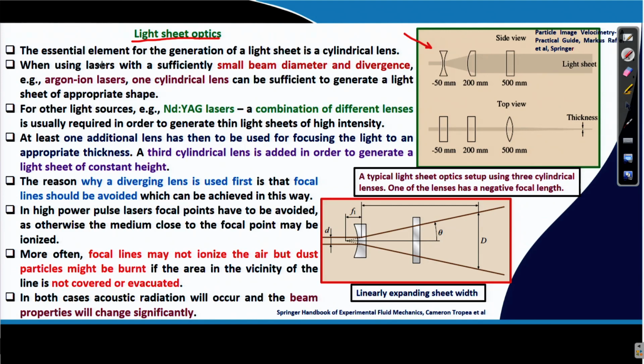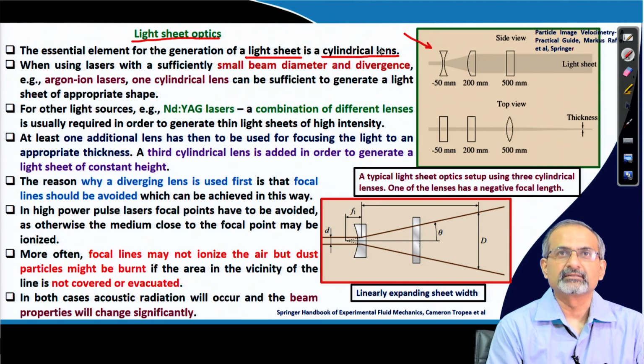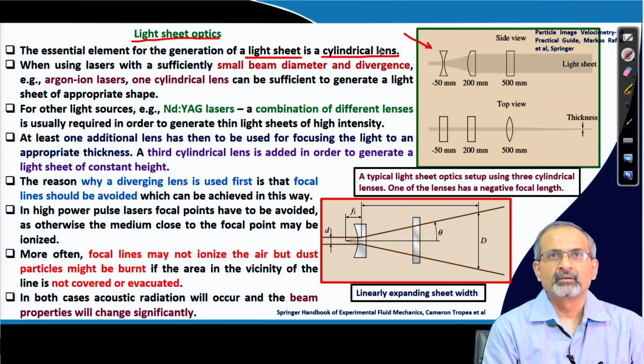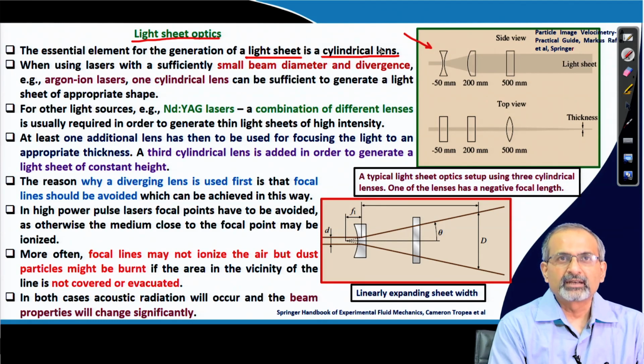Now, the essential element for generation of the light sheet is cylindrical lenses, and you need to have one so that you can form an appropriate light sheet which is well focused and of the desired thickness with the set of lenses that you will be arranging.